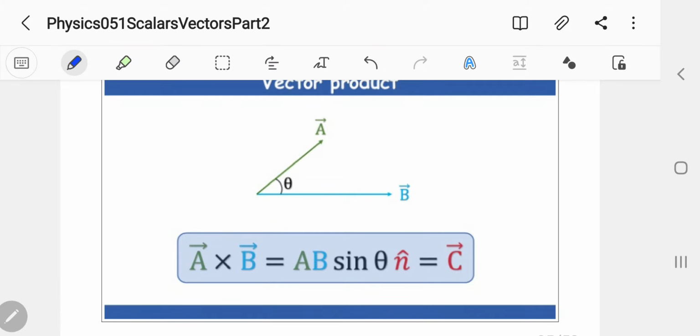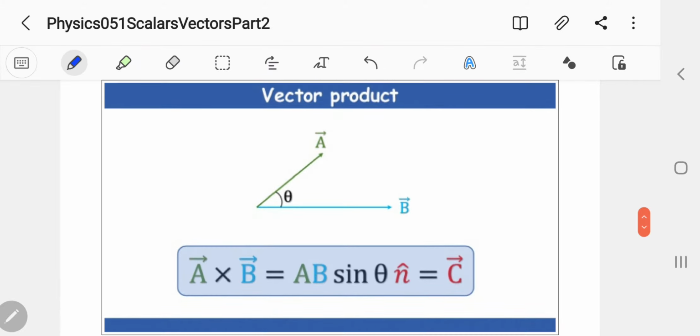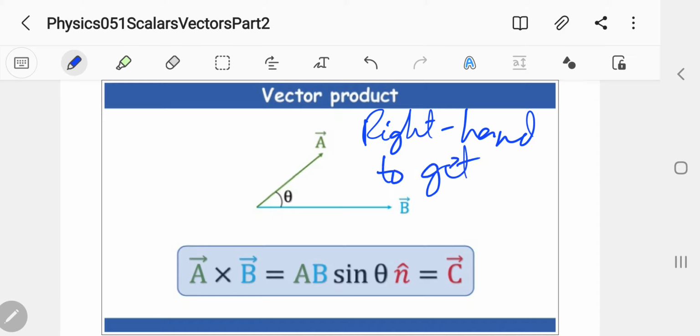So there's also the vector product. If you have two vectors, you use your right hand to get the direction. By convention, you use your right hand to get the direction.